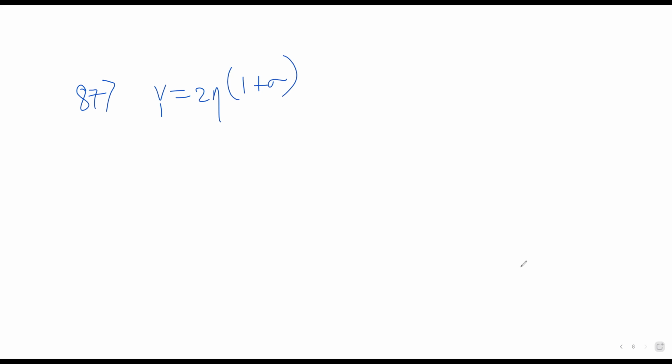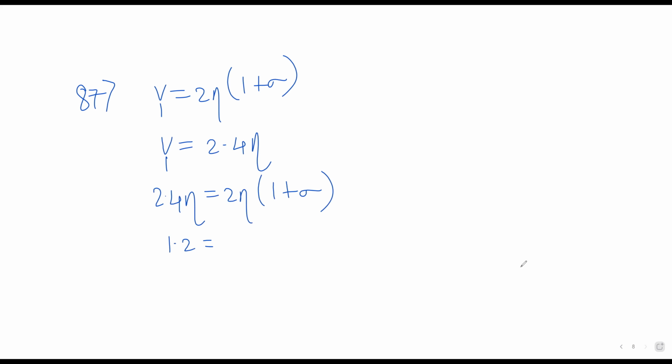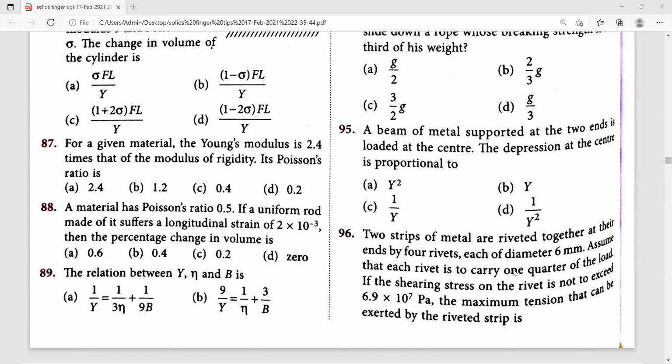So every symbol they are usual meaning. So given Young's modulus is 2.4 into neta ಕೊಟ್ಟಿದಾರ. So ಇದನ್ನ ಹೆಂಗ್ ಬರಿಬೋದು, 2.4 neta is equal to 2 neta in the bracket of 1 plus of sigma ಅಂತ ಬರಿಬೋದು, or 1.2 is equal to 1 plus of sigma, or sigma value is 1.2 minus of 1, modulus ಬರ್ತದ 0.2. So for 87th one, D one is the right answer.